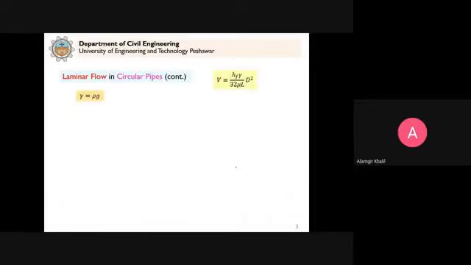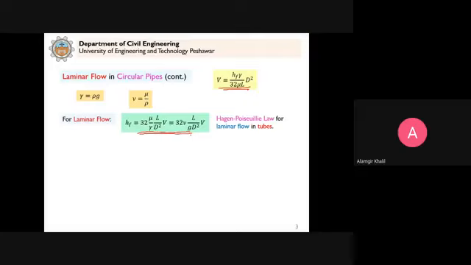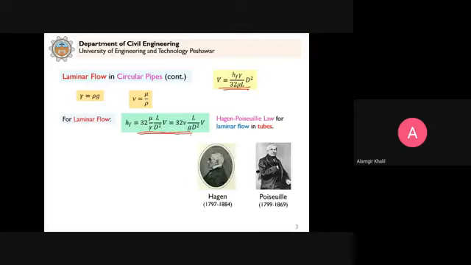Then based on those equations, we already came up with V is equal to this factor. Now for laminar flow, HF is given by this equation here. And this equation we studied is known as the Hagen-Poiseuille law for laminar flow in tubes.